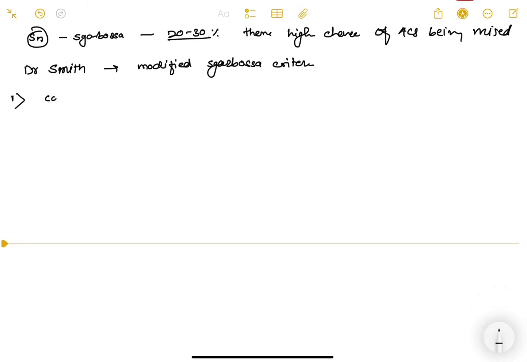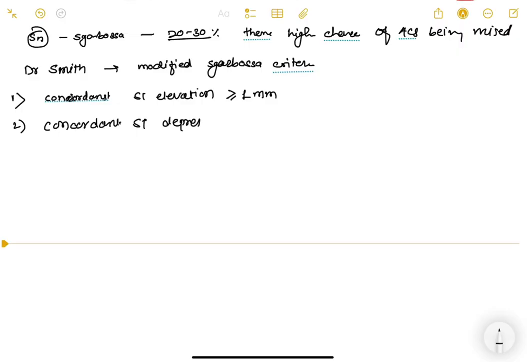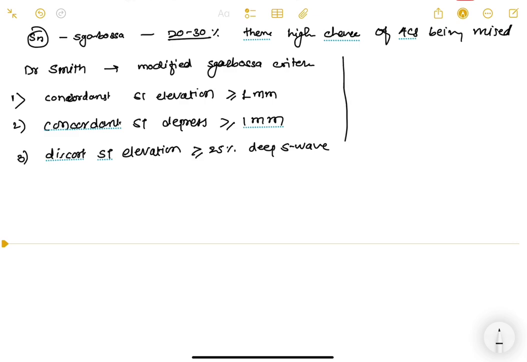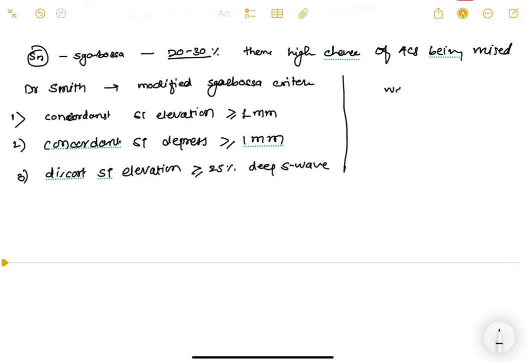He proposed that whenever there is a concordant ST elevation more than or equal to 1 mm, or concordant ST depression more than or equal to 1 mm, or third point, discordant ST elevation more than or equal to 25% of the deep S wave, if any of the above is present, then we will call it STEMI equivalent.